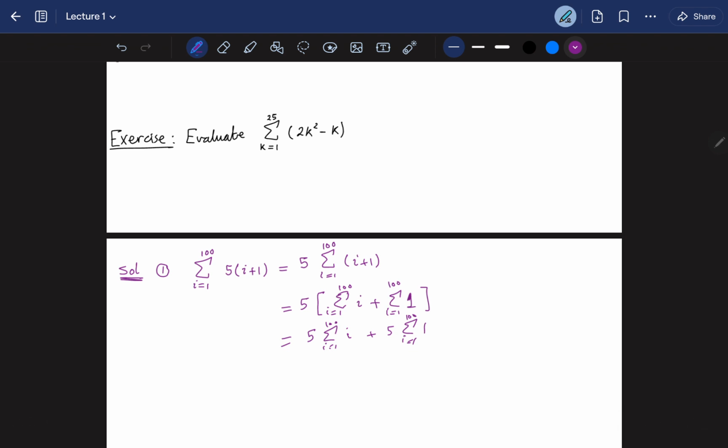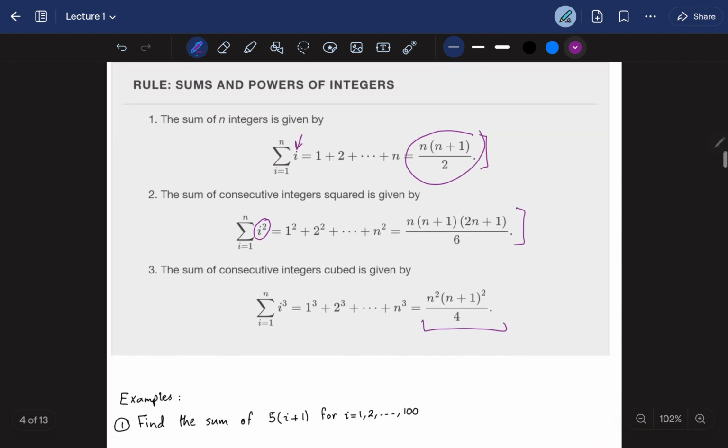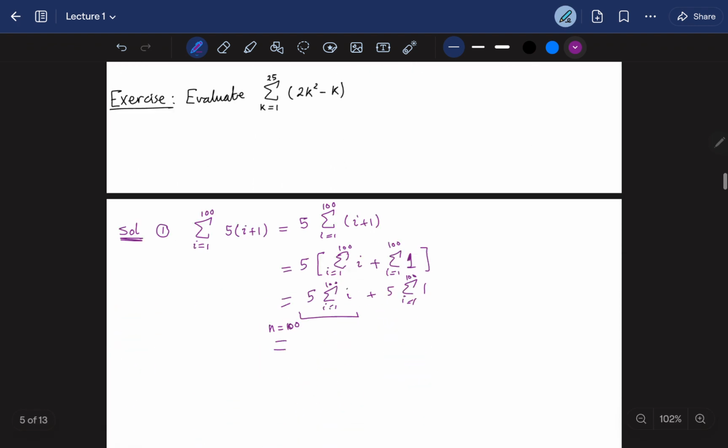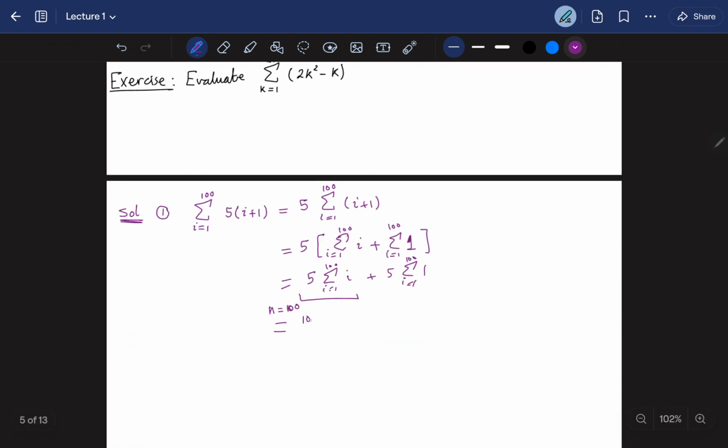And using the properties again and rule number 1, N here is equal to 100. So you know that the summation is just N times N plus 1 over 2. Using N equals 100, this is just 100 times 101 over 2 plus 5 times 100 using property number 1.1.